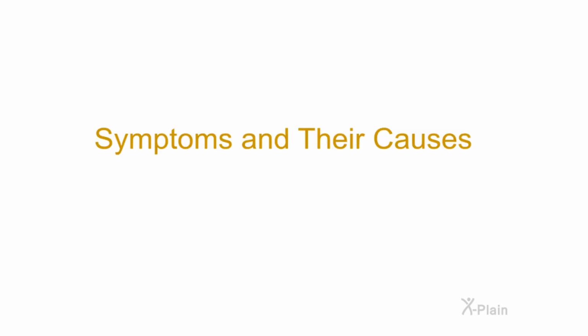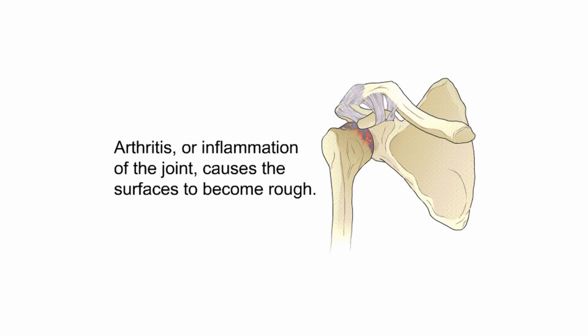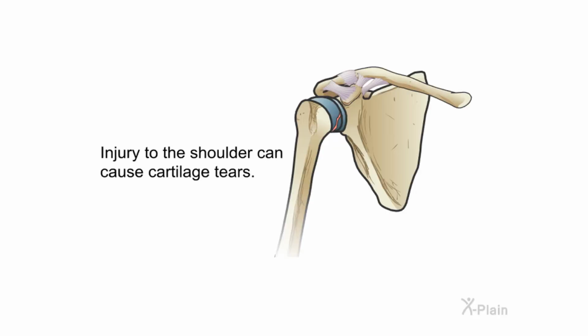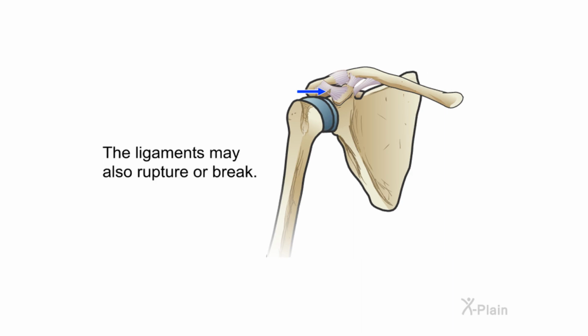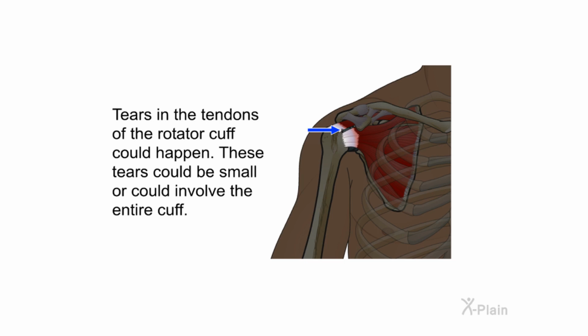Symptoms and their causes. Arthritis, or inflammation of the joint, causes the surfaces to become rough. Injury to the shoulder can cause cartilage tears. The ligaments may also rupture or break. Tears in the tendons of the rotator cuff could happen.